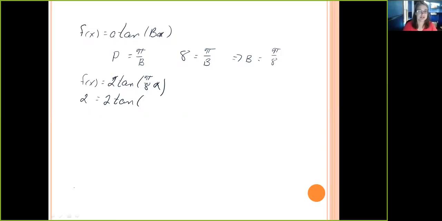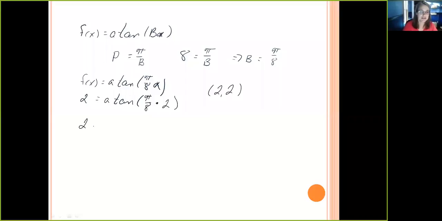no, that's not a 2, is it? I don't know that number yet. Those are a's. Times pi over 8 multiplied by 2, because that is the x-coordinate of the point that I picked off my graph.